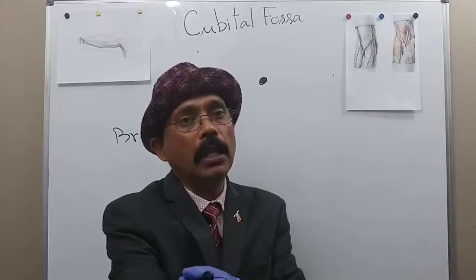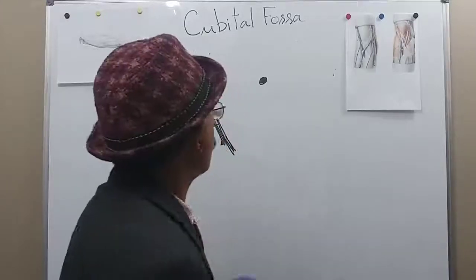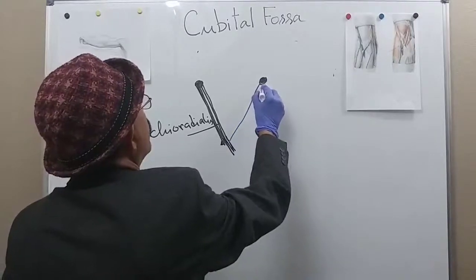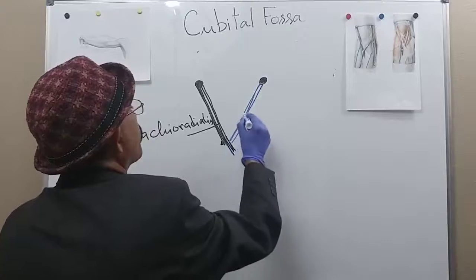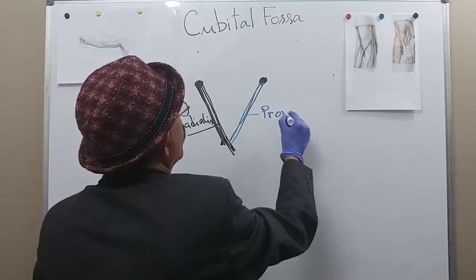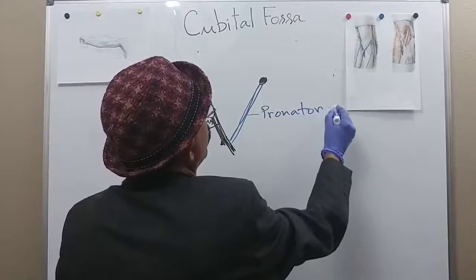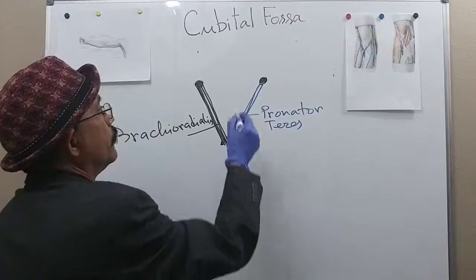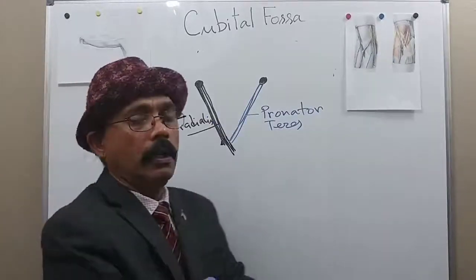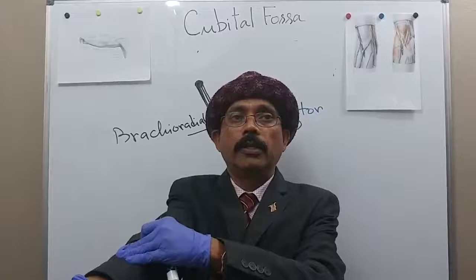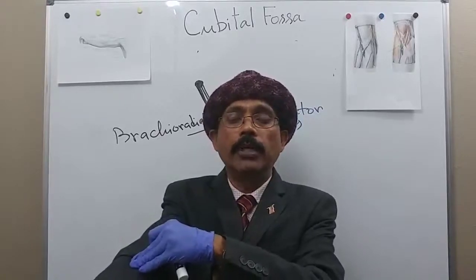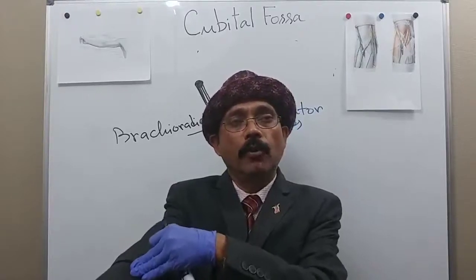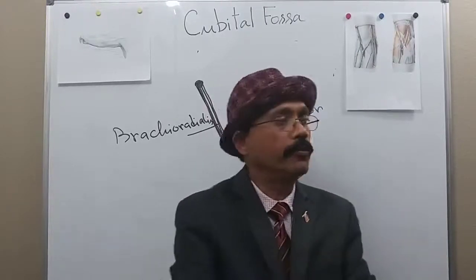Medially it is bounded by the lateral border of the pronator teres. So this is the pronator teres. So we got the lateral boundary by the medial border of the brachioradialis, and the medial boundary by the lateral border of the pronator teres.